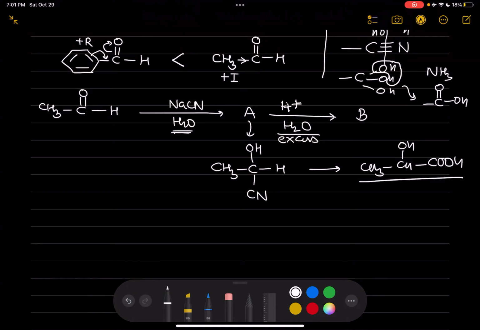And this is a very important compound, biologically very, very important. Which compound is this? Can you tell me?